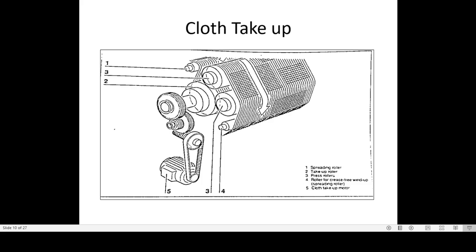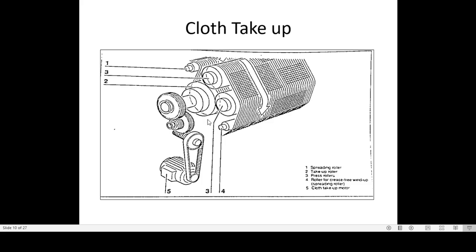From the belt drive it goes to worm and worm wheel, then gears A and B, and from B gear it goes to the cloth take up roller. Here we can see one spreading roller which spreads the cloth after the fell of the cloth and avoids wrinkles in it.